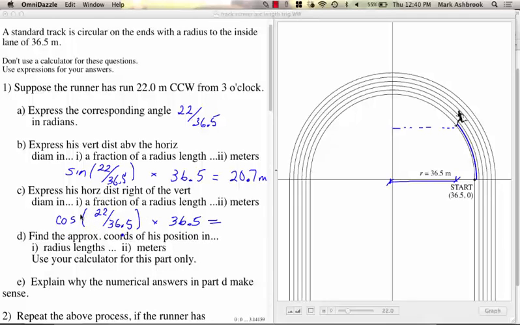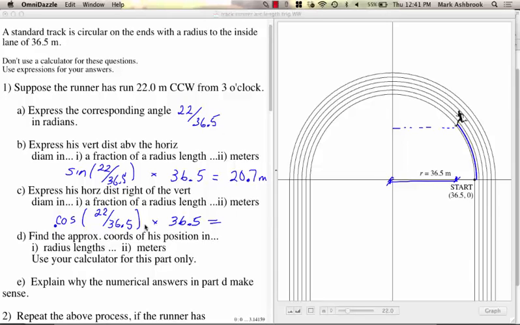So what would you estimate that fraction to be? What would you estimate that cosine to be? For right here, what fraction of a radius length are we to the right now? No, what fraction of the radius length? I'm not asking for meters. This is one radius length. What fraction of a radius length? Meaning just the cosine part. 0.8, something like that. 0.7, 0.75, 0.8, 0.85, somewhere in there.